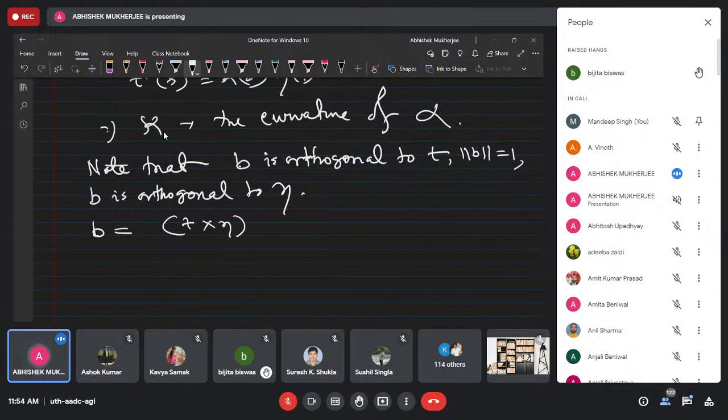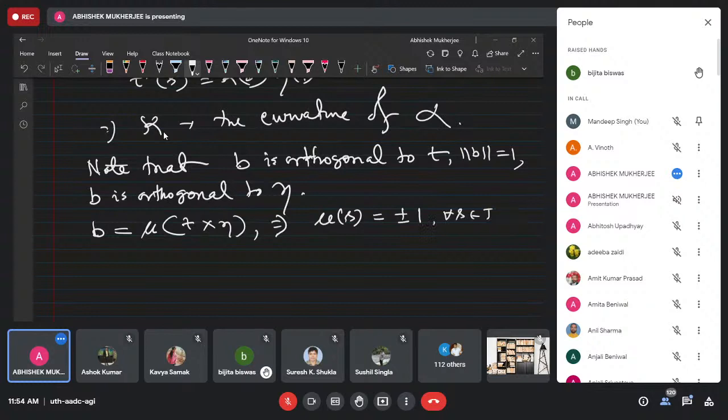Suppose you take some constant mu. Then what are the possible values of mu? Since your norm is 1, your mu is possibly plus minus 1.